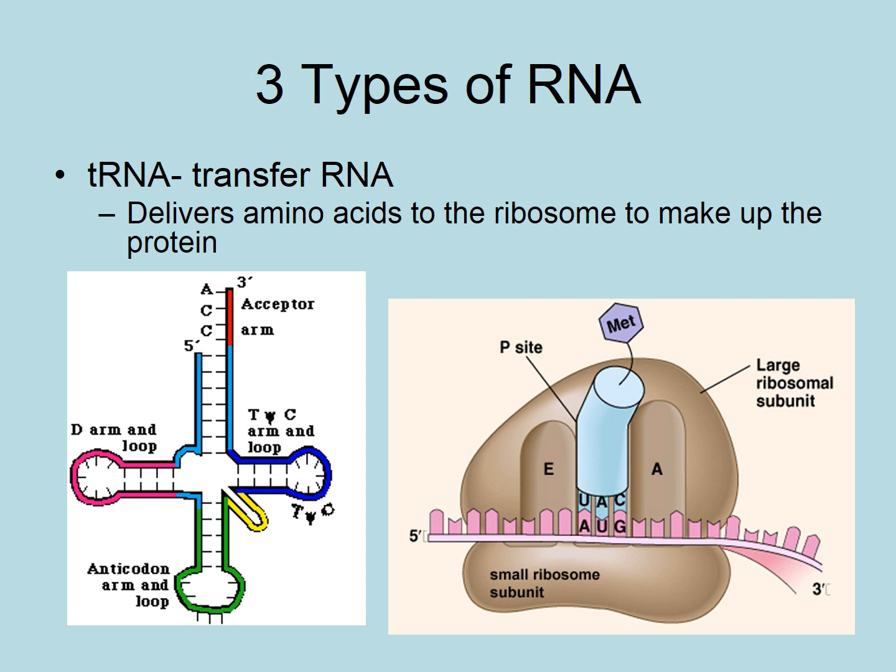So when you have three letters on a piece of DNA that tells you what ingredient you need, we call that a triplet. Well, three letters on a piece of messenger RNA that tells you what ingredient you need is called a codon, C-O-D-O-N. And three letters on a piece of transfer RNA that correspond with that ingredient is called an anticodon.